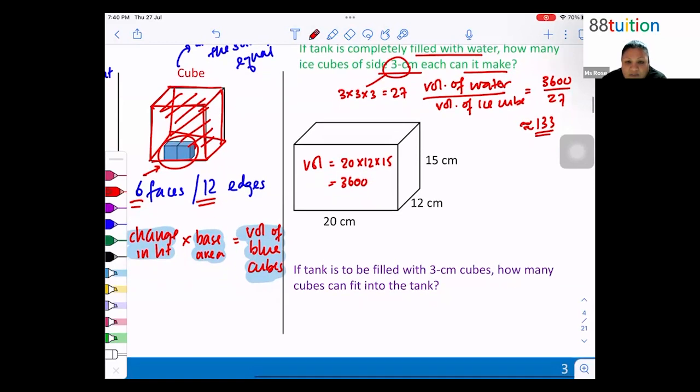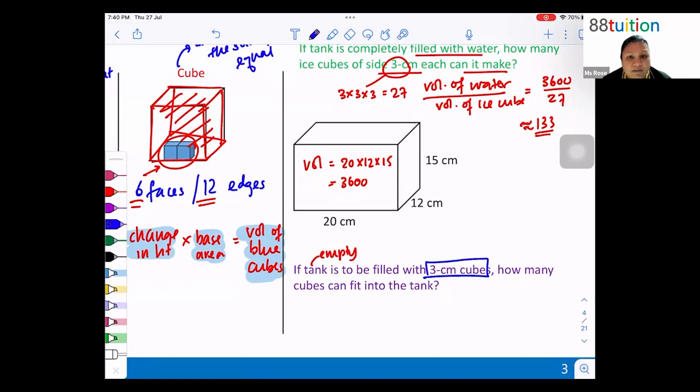Now, if I change the question slightly, let's say the tank is empty and you want to fill it with 3 cm cubes. Can you take the volume of the tank divided by the volume of the cube?